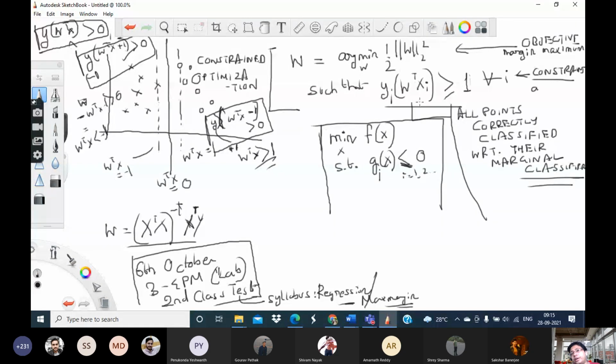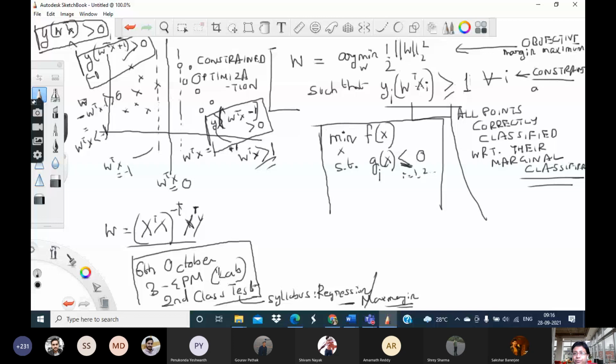For each one of them I will have one inequality like this. But this inequality is not exactly the same as that one. This is like saying some function of x is less than or equal to 0. Here I am saying some function of x is greater than or equal to 1.